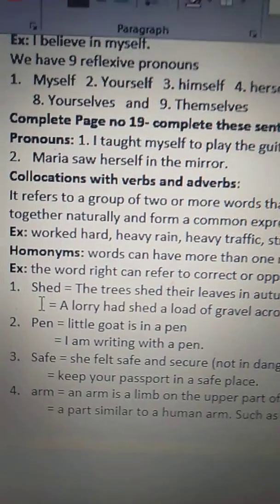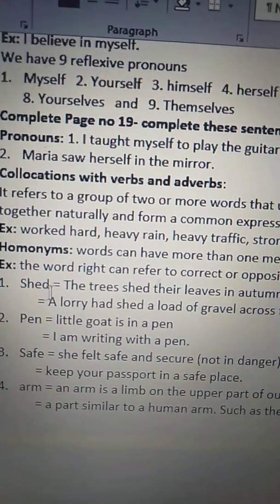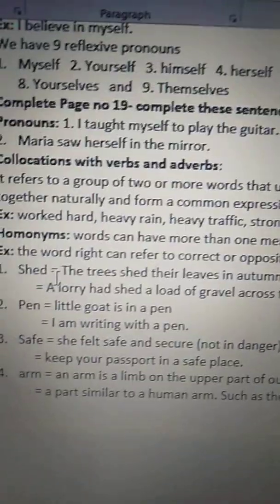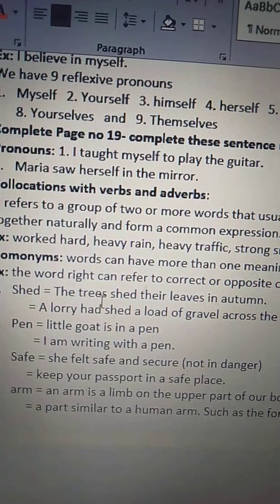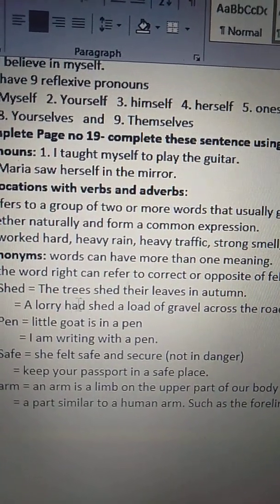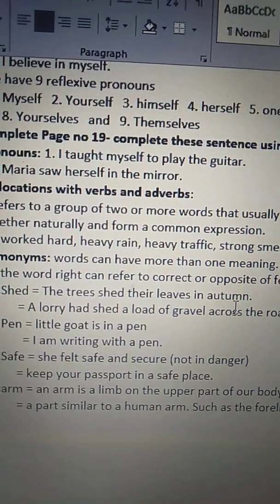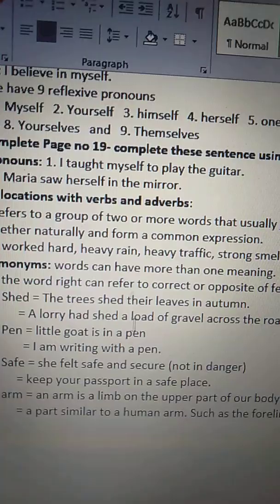See here, they have given some examples. See them. Shed. When we frame the sentence, see here, the trees shed their leaves in autumn. We can use this shed with another meaning even.